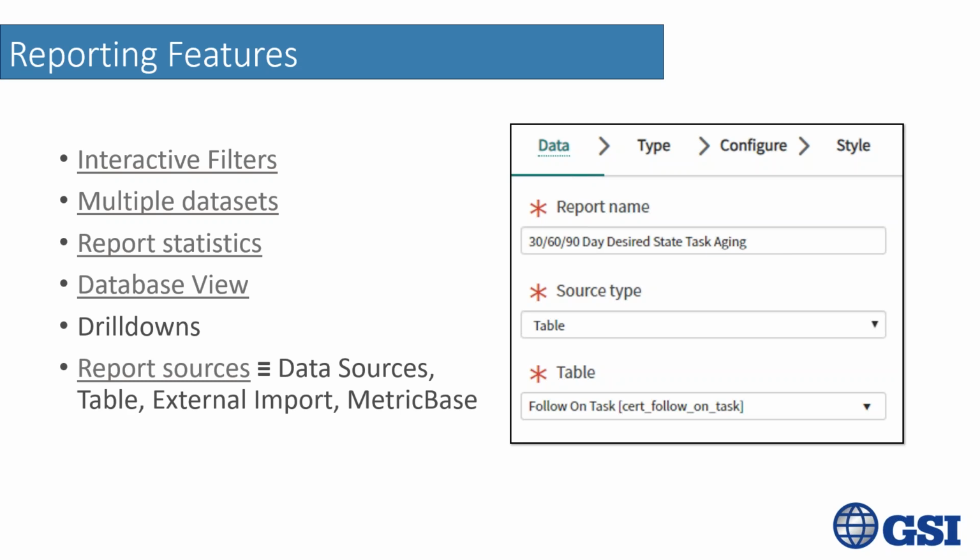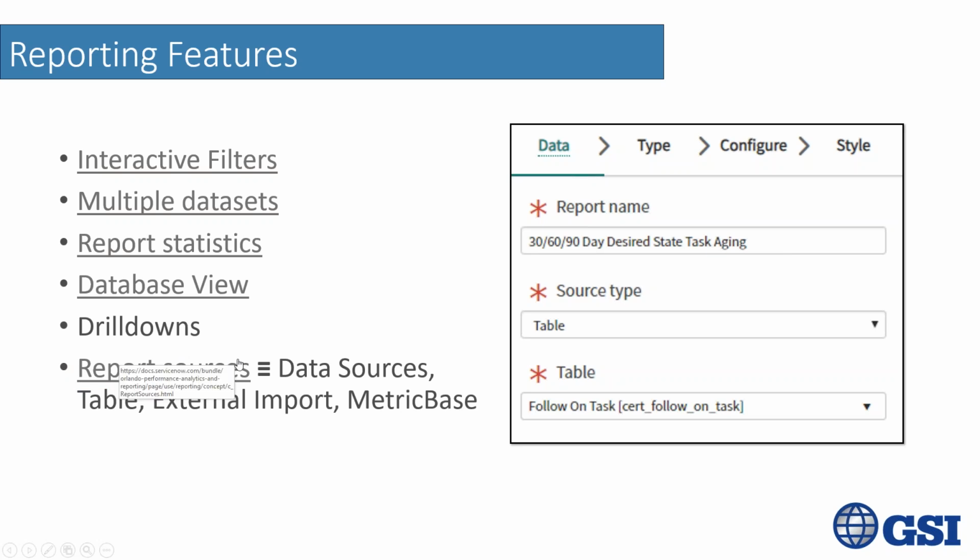You also have the ability to create drill downs, so you can drill from one report type into another report type. So you can go from a bar to something else. That ability also exists, so it doesn't necessarily end up with a list view.